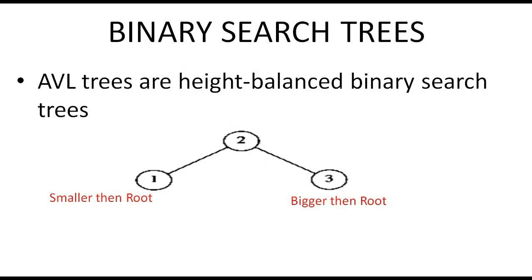Let's discuss what a binary search tree is. A binary search tree is a binary tree, and each and every root node or sub node should have two nodes, where the left node should be less than the root node, and the right node should be greater than the root node.